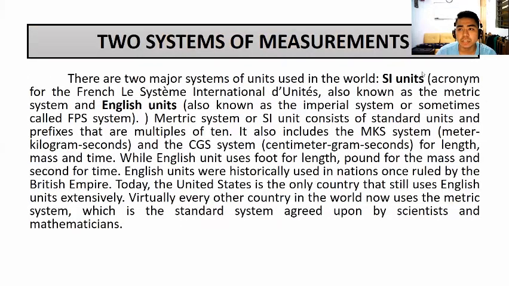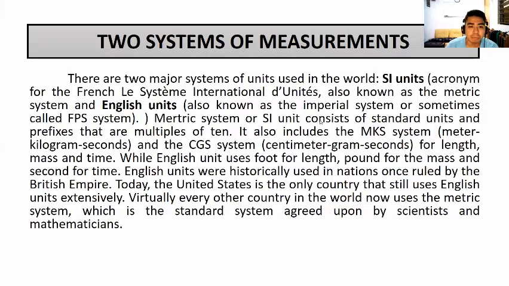So we have 2 systems of measurements. There are 2 major systems of units used in the world: SI units, also known as the metric system, and English units, also known as the imperial system or sometimes called the FPS system.